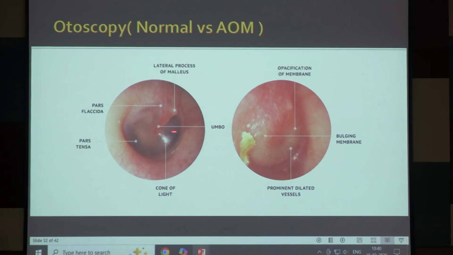Here there is no bulging. Also the vessels are prominent. So this is the finding in otoscopy we will get in acute otitis media: bulging of the membrane and dilated vessels.